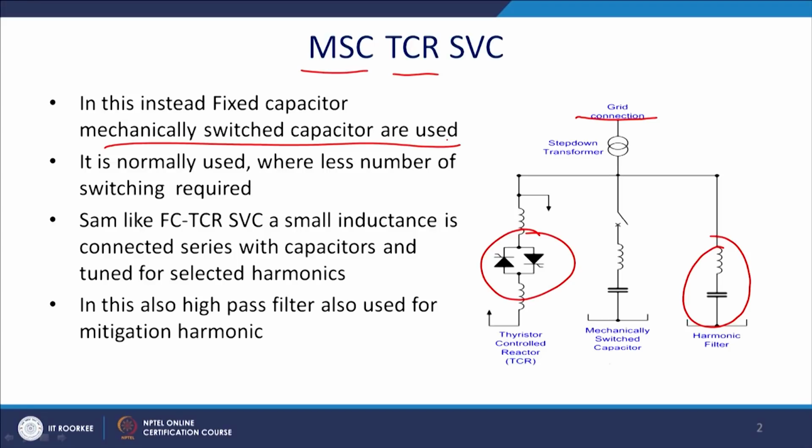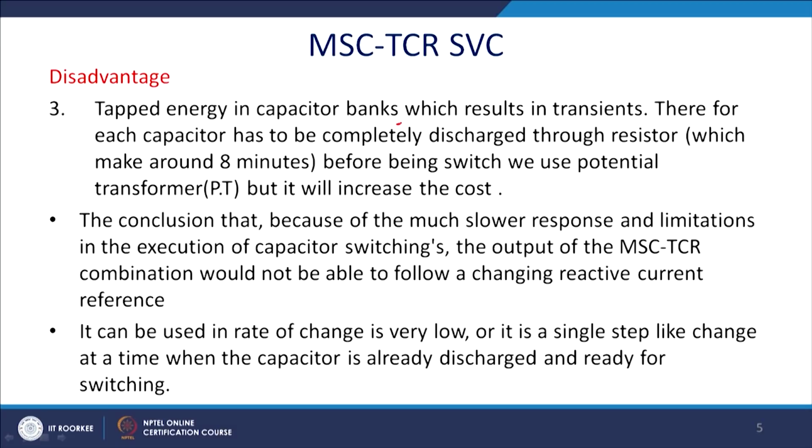So, we have to operate it in a very constrained manner, so that we can use it for a longer duration. Another issue is the trapped energy in the capacitor bank, which results in transients. So, a capacitor is always a little nasty when transient phenomena occur. Therefore, each capacitor has to be completely discharged through a bleeder resistor, which takes around 8 cycles.